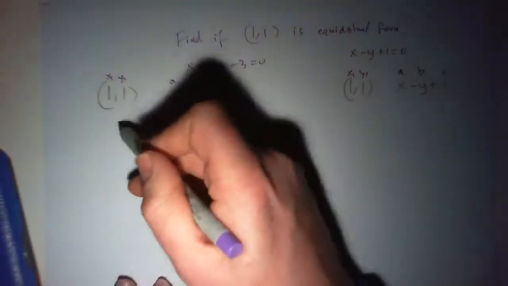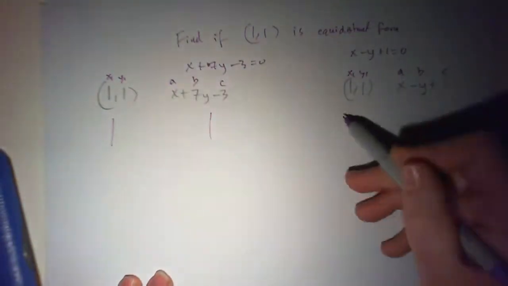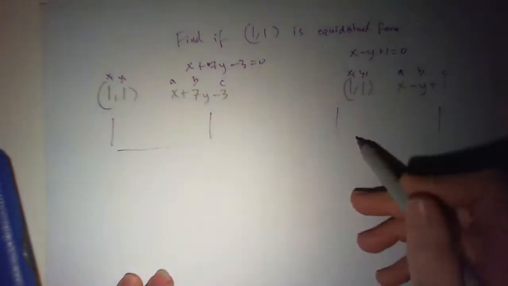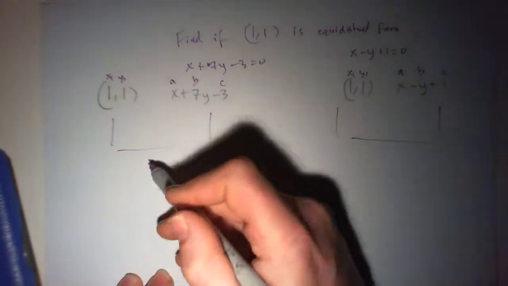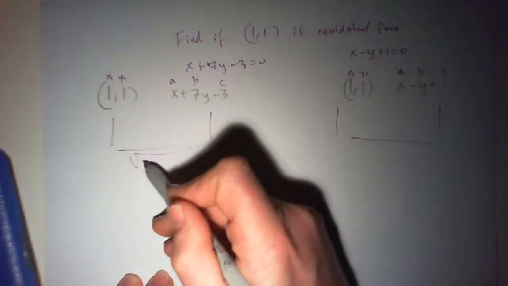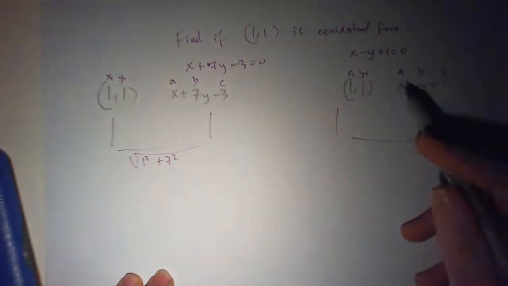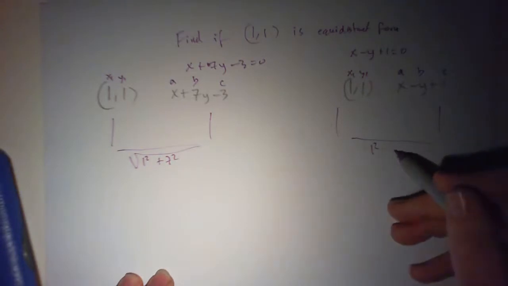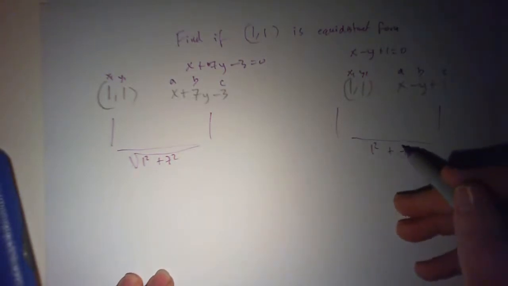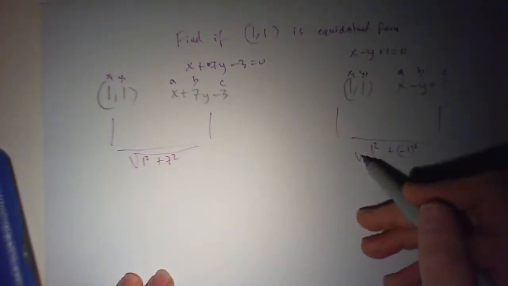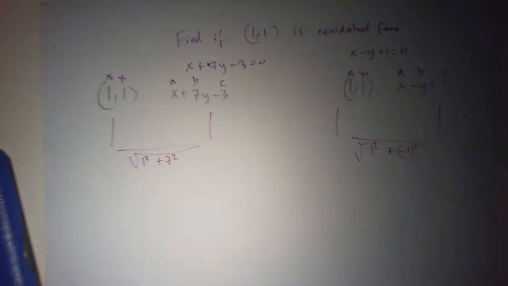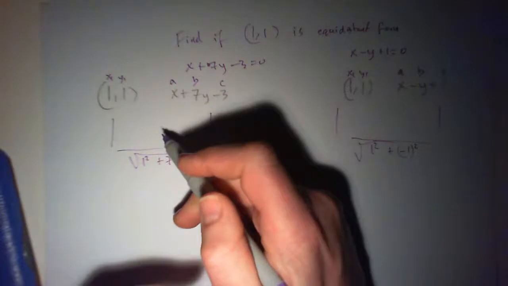So again, label your A, B, and C. So absolute values over the square root of a squared plus b squared. Looking good so far, but we'll see. Okay, so we're getting the square root on both sides. So what is our rule?